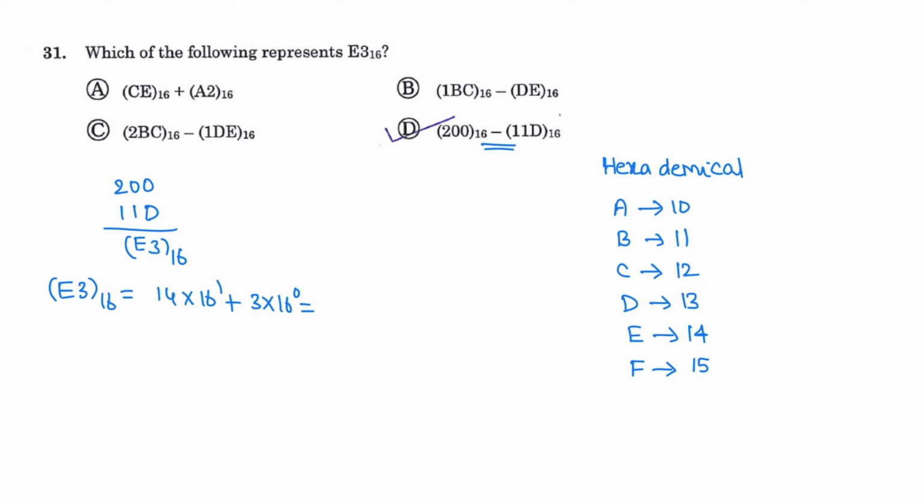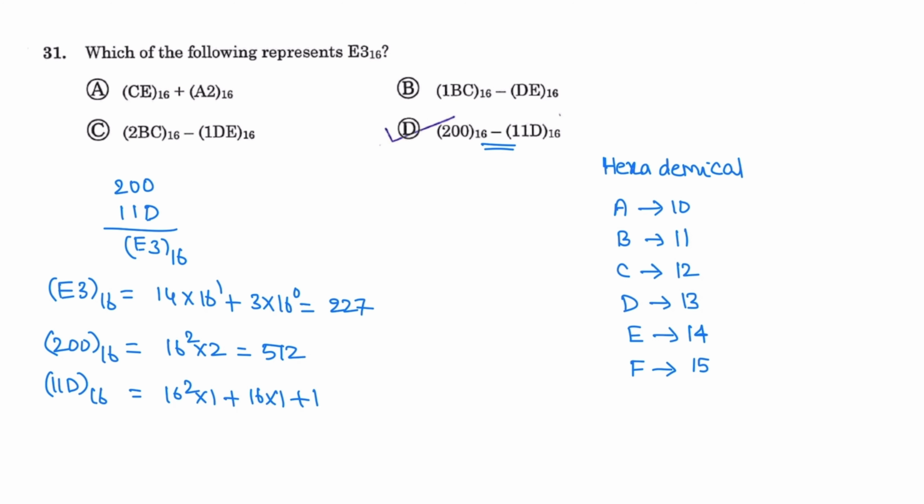Next, from option D, 200 base 16, its value is 16 square into 2. 16 square is 256, so 256 into 2 is 512. Next, 11D base 16 is 16 square into 1 plus 16 into 1 plus the D value. The D value is 13, so its value is 285.